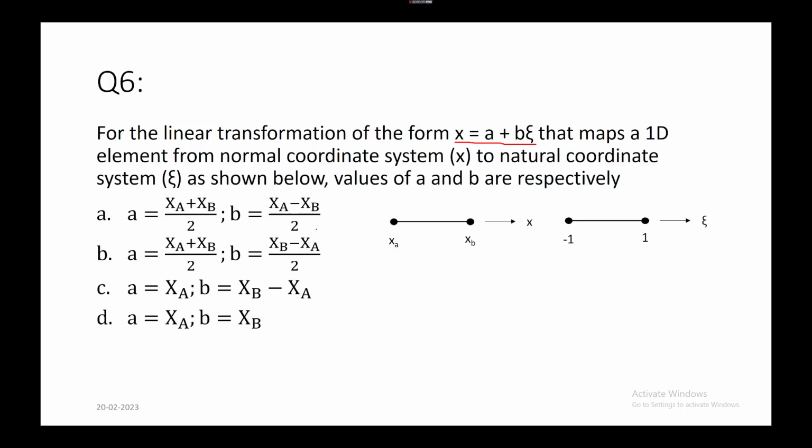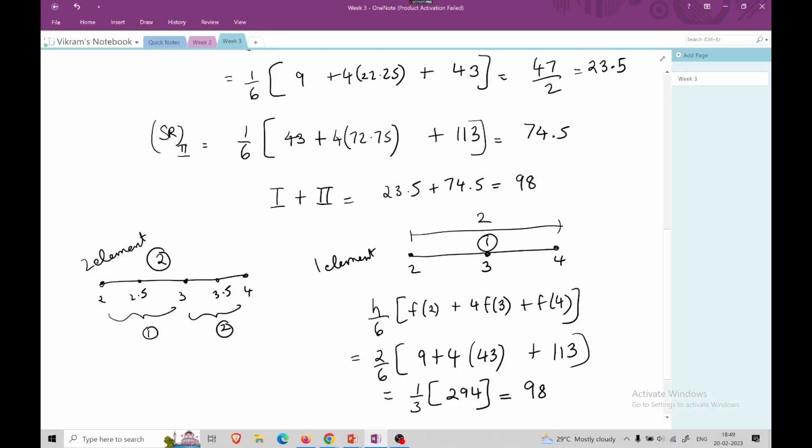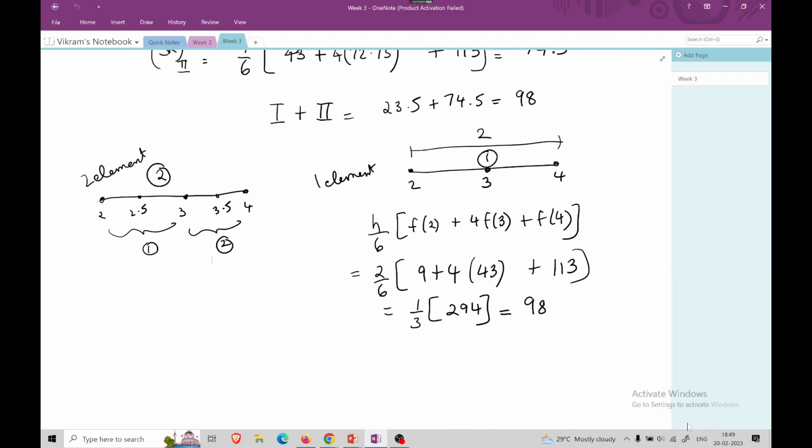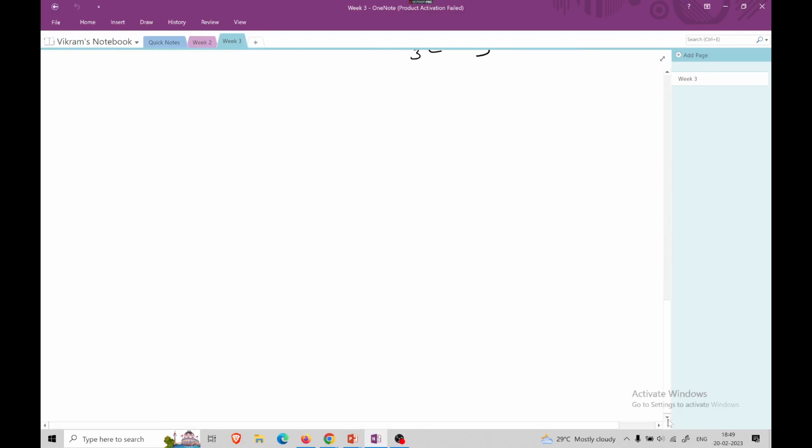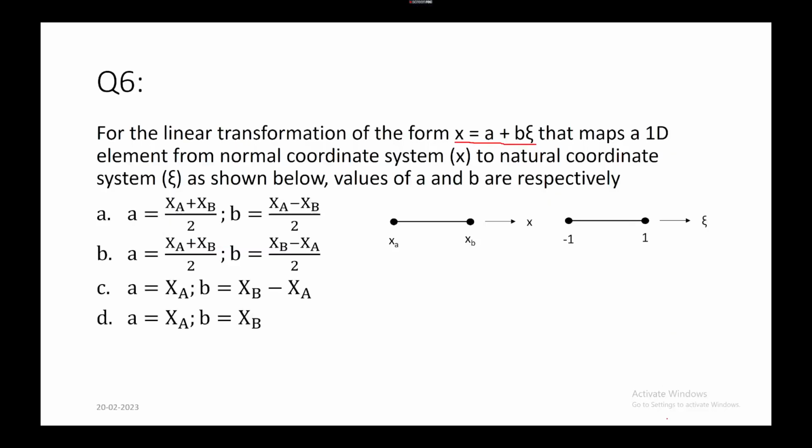If you already know the answer, you can guess. Otherwise we'll try to work this out. For this purpose I will again go to the note section. It's easier to write here. So this is our sixth question.